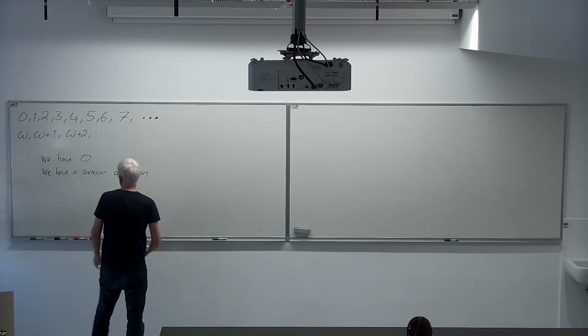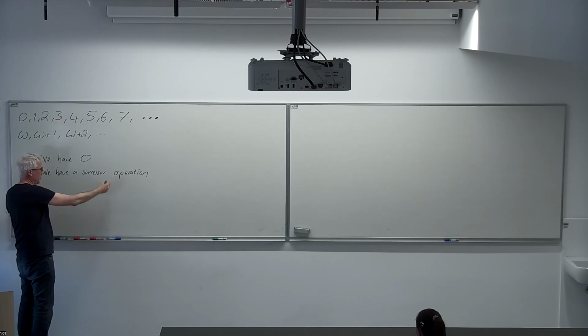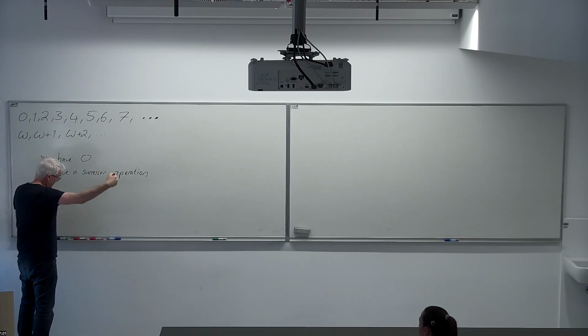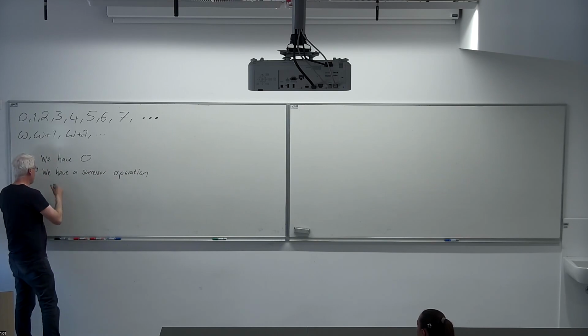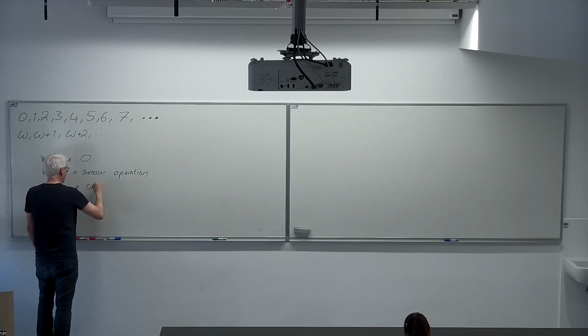So we simply give ourselves this, and we also give ourselves 0, a successor, which takes an ordinal and returns the ordinal one above it, the next ordinal up. And we have a supremum operation.